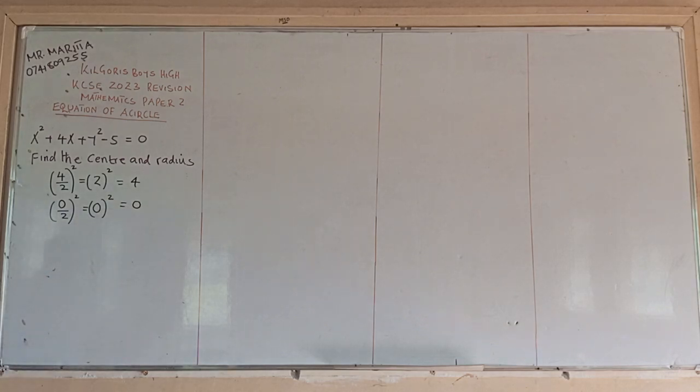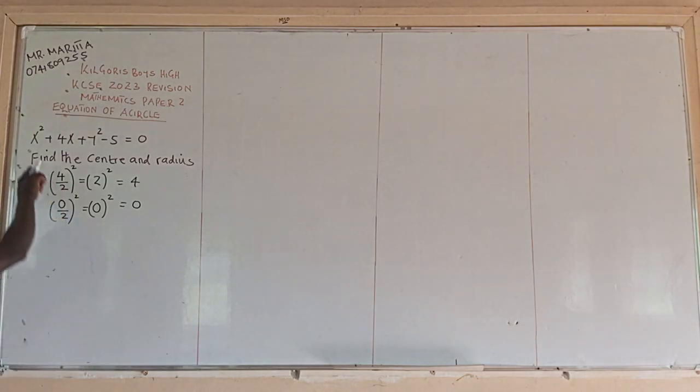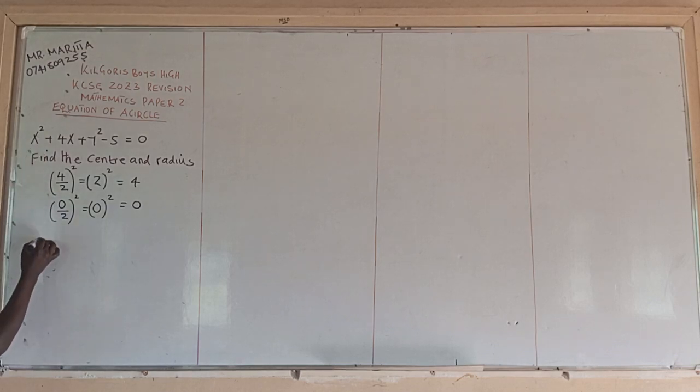Once you have done that, there is this x squared here. x squared is the same as x times x, so you find the square root, which gives us x. The coefficient of x divided by 2 gives us 2, so we have x plus 2, all squared.